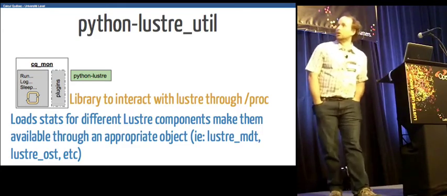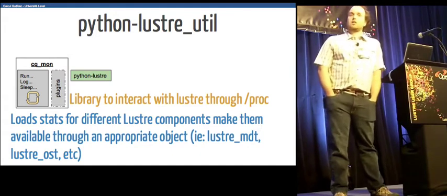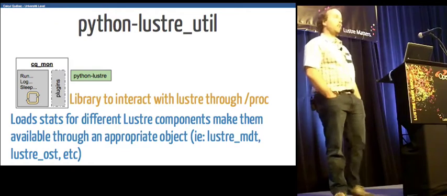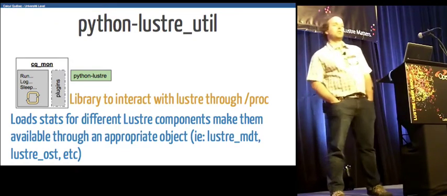So here is the way it works in a bit more detail. We have CQMon, which reads a configuration file, which is managed through Puppet on each of the machines. The configuration file defines the intervals for the tests and the list of tests that we want to run on each machine.